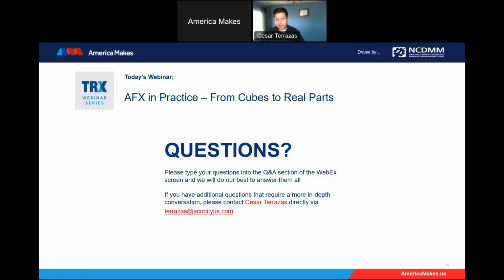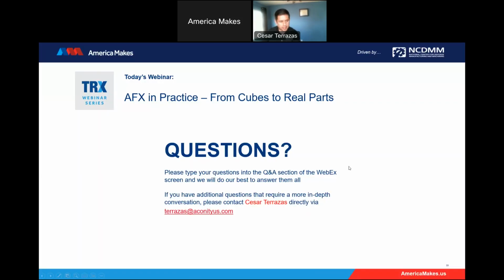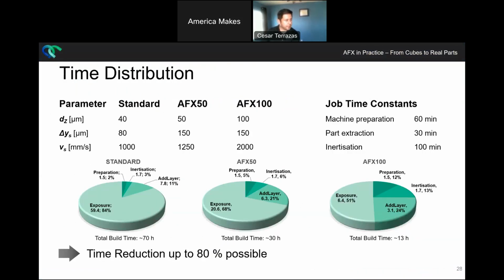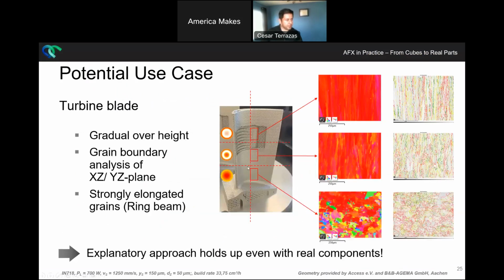With the productivity build, did you also adjust the power for the AFX versus the standard laser? I believe in this case only specific parameters were adjusted. I'm sure they list those in here, just like they did with these.